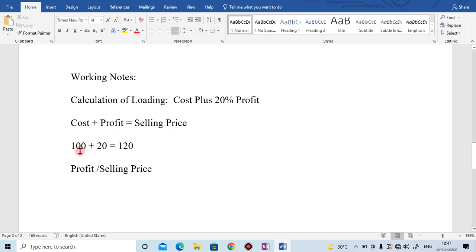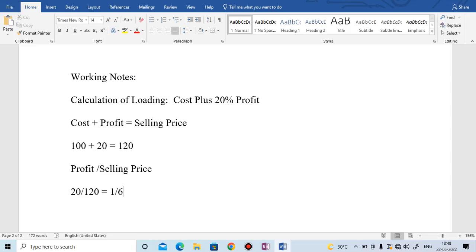So we have assumed cost as 100 rupees, profit is 20, therefore selling price will be 120. Now further, profit upon selling price. Profit is 20 divided by selling price 120. So we get 1 upon 6. So the ratio is 1 upon 6.